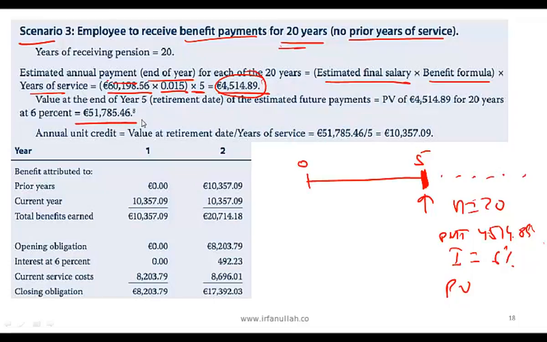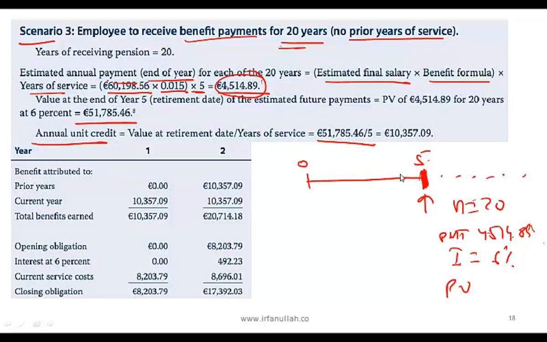Now that is the present value over at year 5. And then to calculate the annual credit, we do that number divided by 5. Why is that? Yeah, this amount, 51,785, is effectively how much the employee is earning over the 5 years.